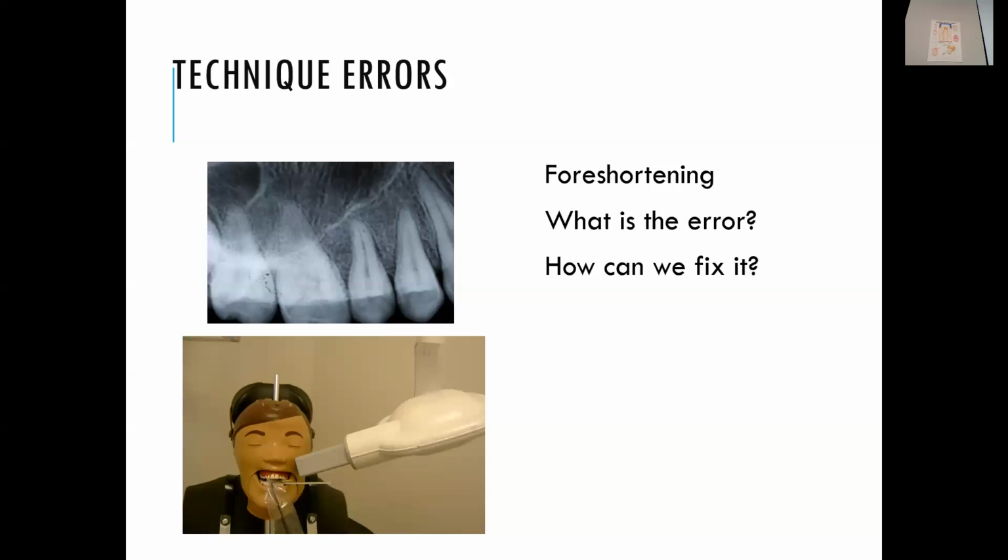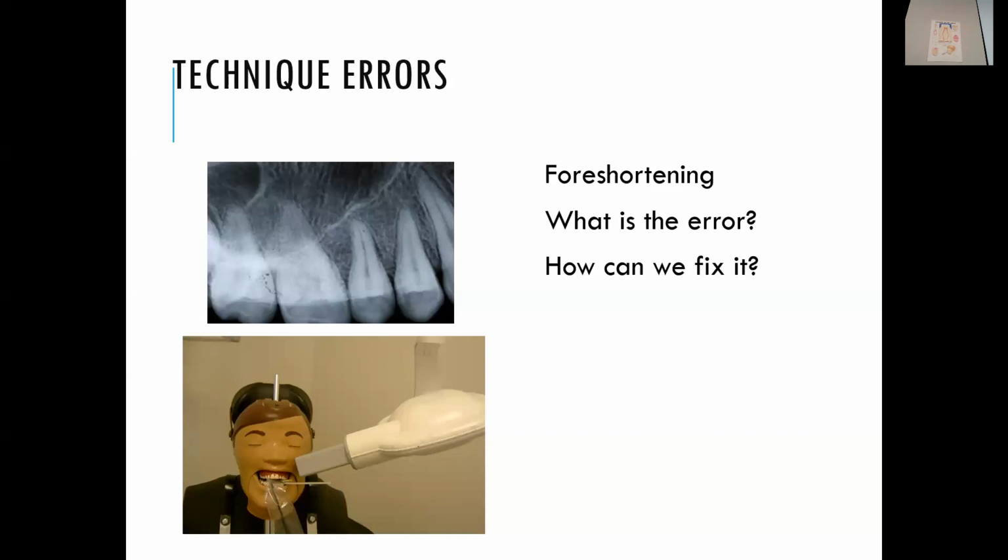Now, if your X-ray beam, let's say our PID is here, and your beam is coming in very steep. I kind of almost had to draw it out in order to think about it. If it's coming in steep, then what you're going to get on your film is going to be foreshortened.